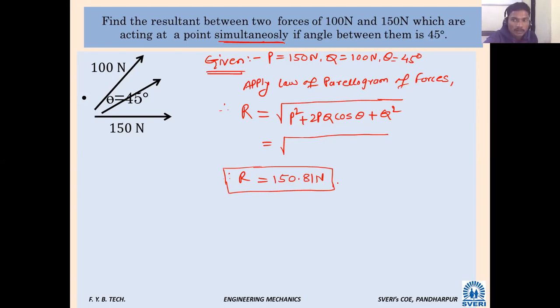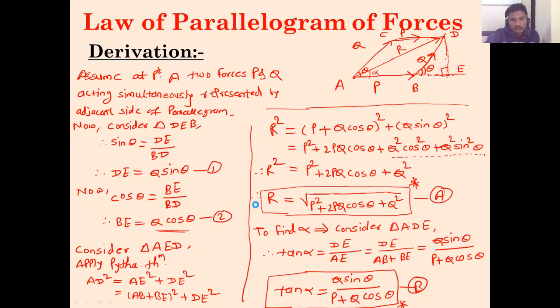Now then also find the direction. What is the formula? Tan alpha is equal to what? Q cos theta or sin theta? Q sin theta. Sin, or cos? Sin.